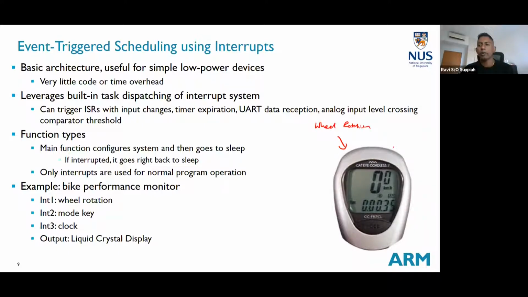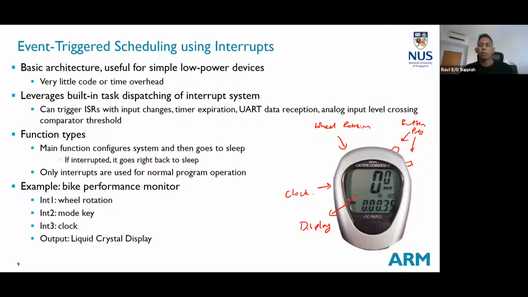Then you have maybe some buttons which are not shown over here, so you need to capture the button press. Then you may also want to display some timing, so you also need some clocking mechanism. All right, and since there is a display, your output is a display over here. So these are the basic things that you need for such an embedded device.